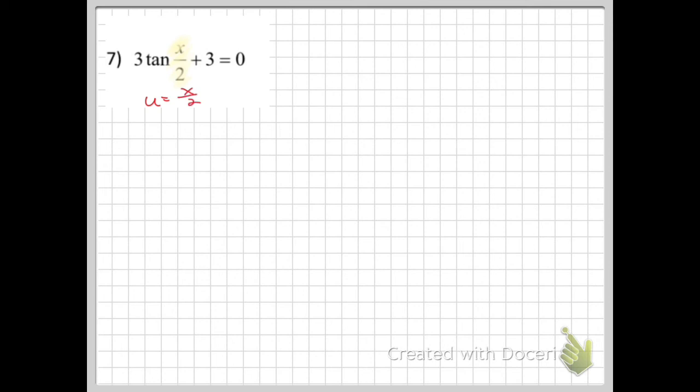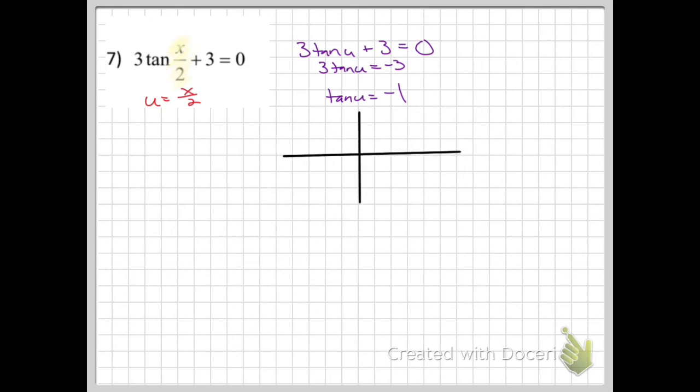So again, pause the video and try to solve this on your own. 3 tan u plus 3 equals 0. Pause the video and go as far as you can on your own. Minus 3, divide by 3. Tangent equals negative 1. Tangent is the slope.